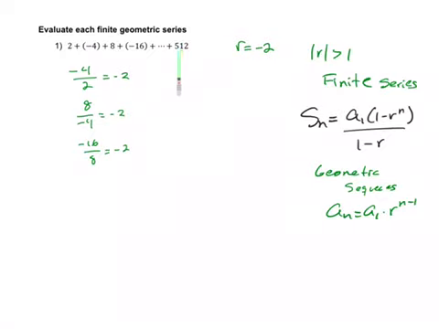So in this case, the last term is 512. That means I need to substitute. So I have 512 equals 2 times -2 to the n minus 1, right? I'm going to start by dividing by 2. That's 256 equals -2 to the n minus 1.